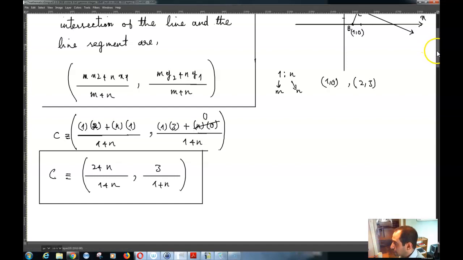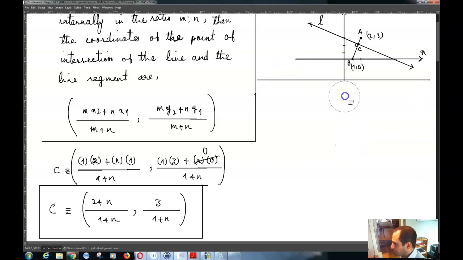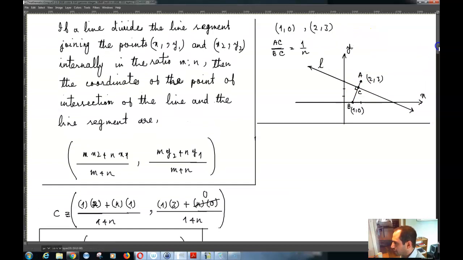Now the next thing that we need is the slope of this line L. And well, we said that since these two lines are perpendicular, based on the slope of this line I can find the slope of this line. So what I'm going to do is first find the slope of the line segment AB.